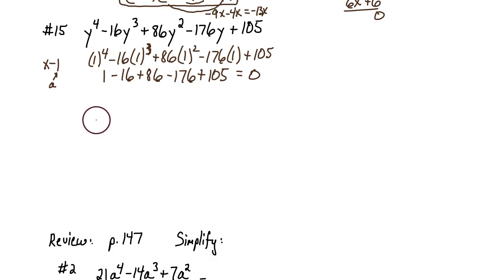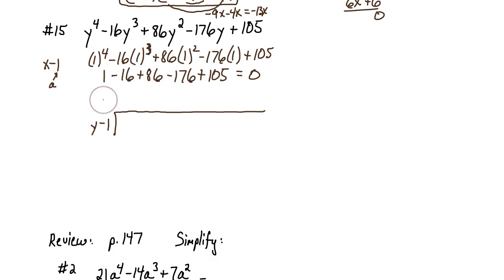Let's use long division to figure out what polynomial is multiplied to the x minus 1. Oops, as I started writing this, I noticed I keep speaking about x minus 1, but in number 15 it's the letter y. I wonder why I didn't discover that earlier.